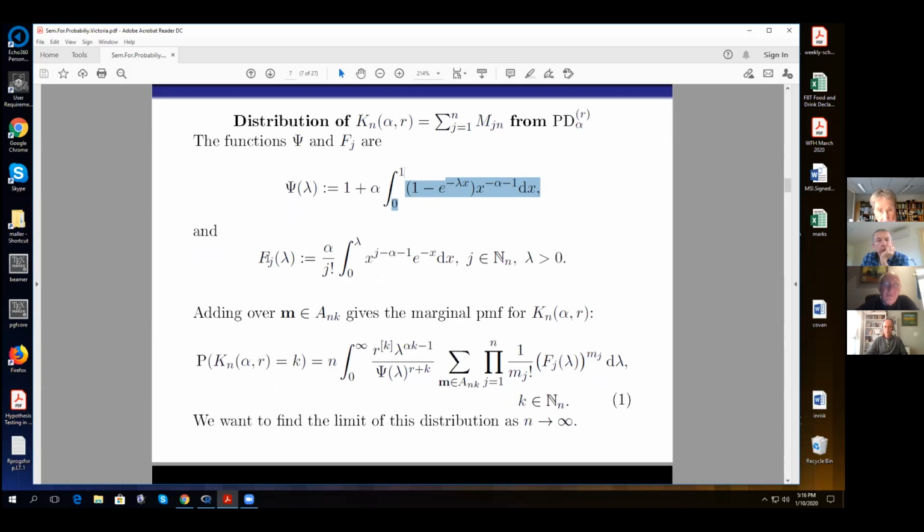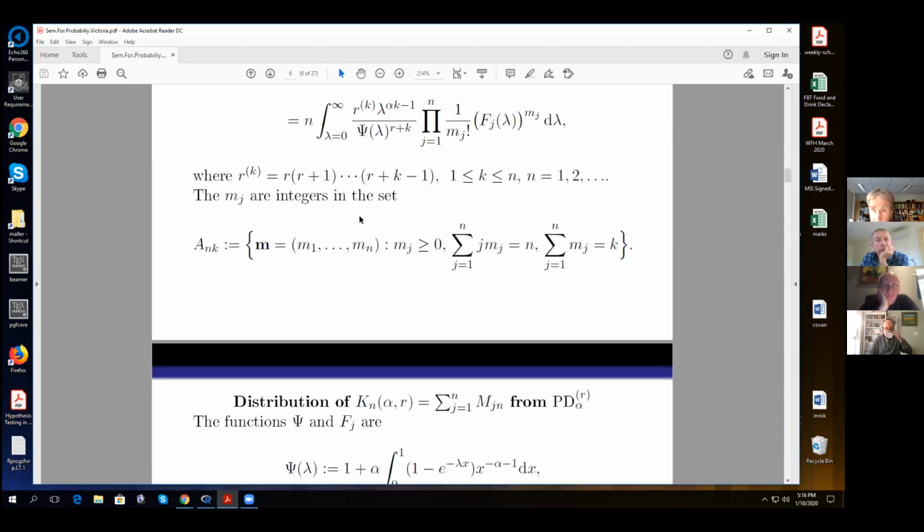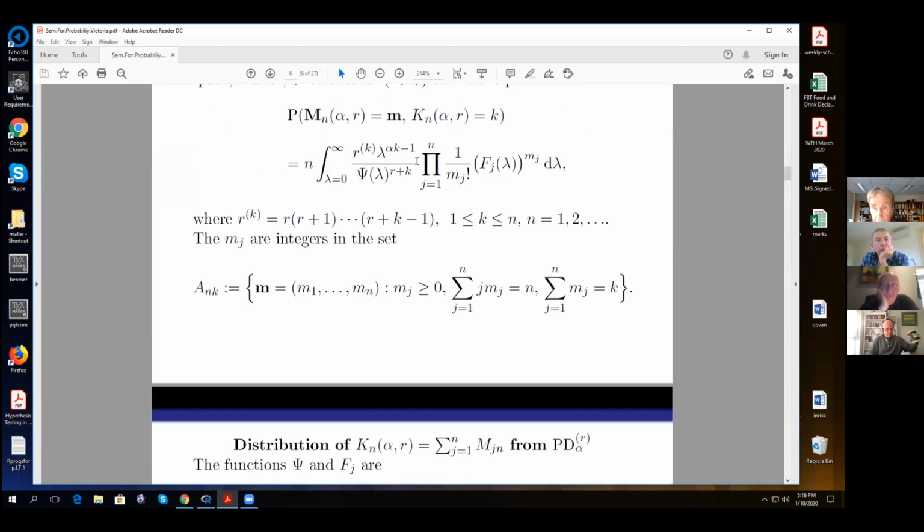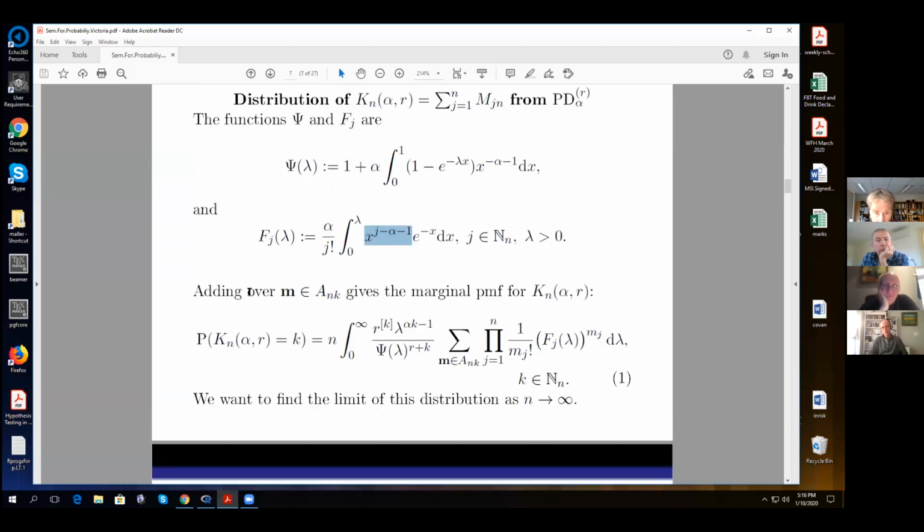The other functions are the f's, which, if you look, you can see are essentially the derivatives of the psi. It's got an x in here, and the e to the minus x comes in here, and you don't see a lambda because I changed the variable here to lambda, and I guess I factored it out here or some such. But anyway, this is the definition of these two functions.